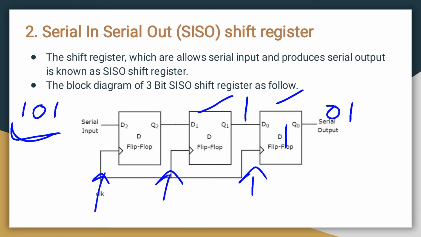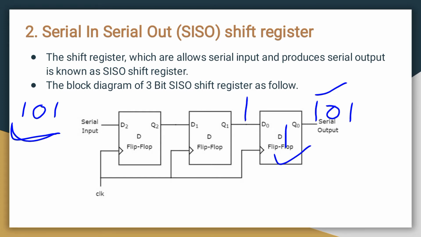So now check what the output is for the present flip-flop condition. For 1 the output is 1. For 1 the output is 1. Nothing but for input 1 the output is 1.